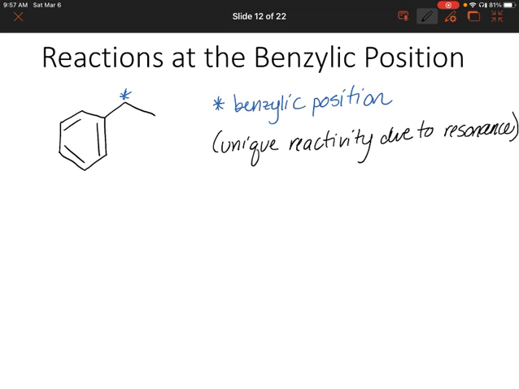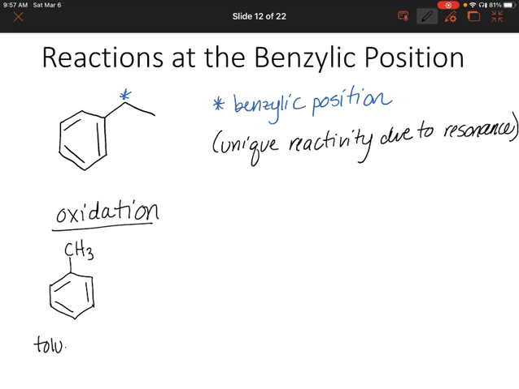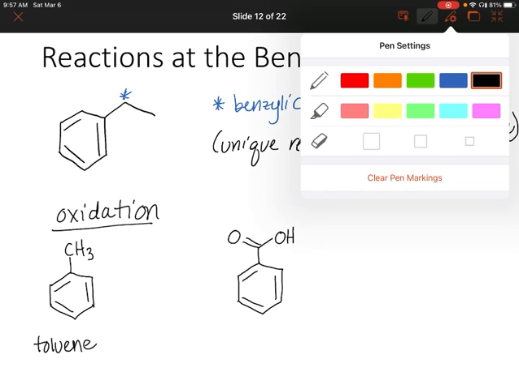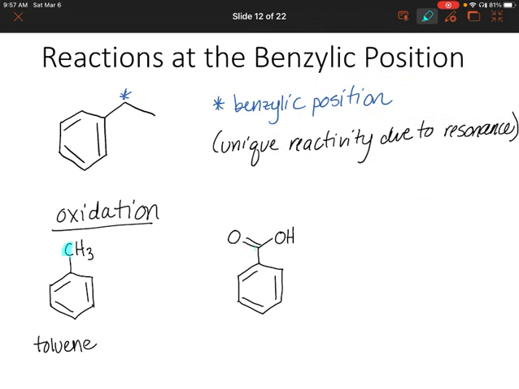Okay, so let's start with oxidation reactions. So let's say we start with toluene. So remember, toluene is a benzene ring with a methyl group attached. And let's say we want to turn that into a carboxylic acid. So again, this is all occurring at the benzylic position.